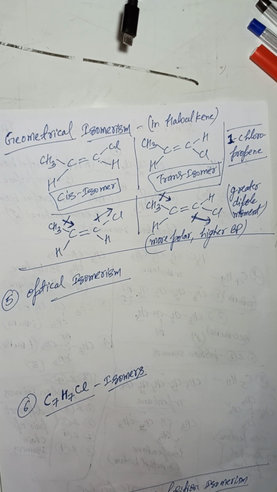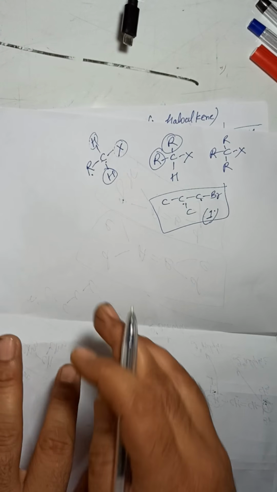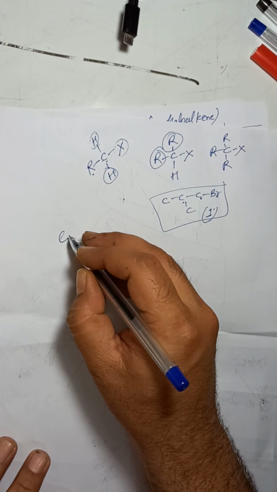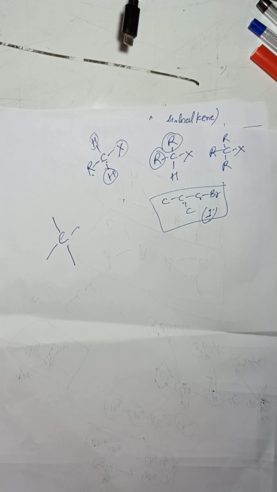Optical isomerism. There are various types of optical isomerism, not only one, but the most basic type relates to the chiral carbon, the carbon which is attached to 4 different groups. For any molecule to exhibit optical isomerism, there should be a carbon attached to 4 different groups.